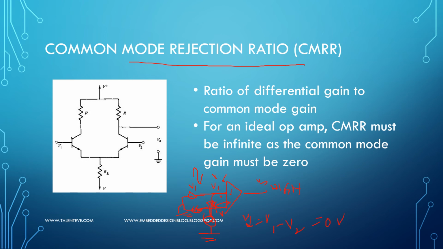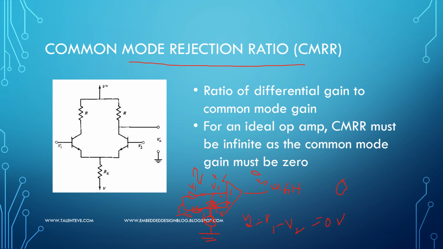That means ideally the output voltage is 0, but we have seen there will be some voltage which is called the offset voltage. In a common mode scenario, where you give the same voltage across the plus and minus pins of the op amp, the output should be 0.